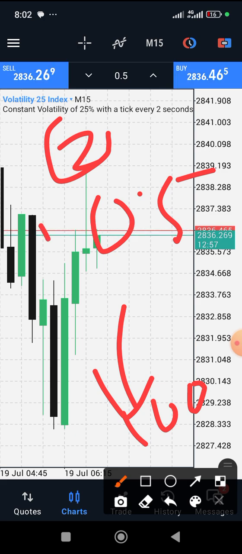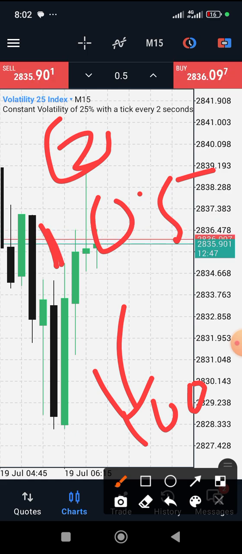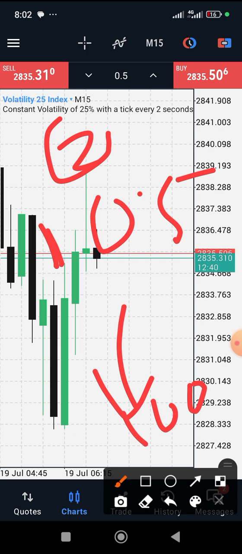If you use 0.5 lot size, you'd risk $2 to make $100.